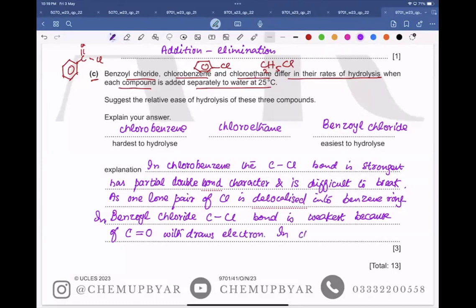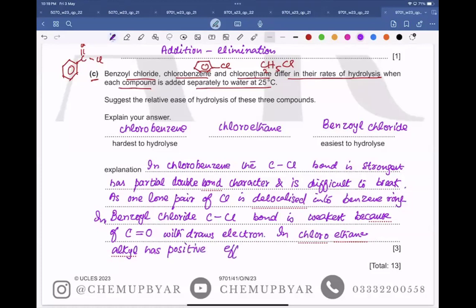Now last, in chloroethane, the alkyl group has a positive inductive effect.